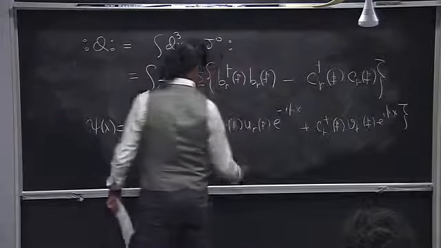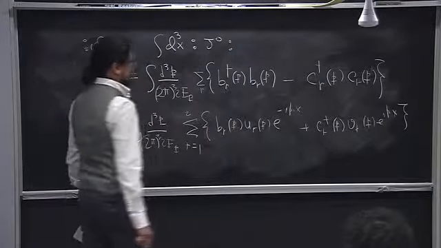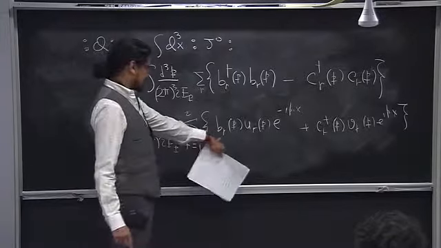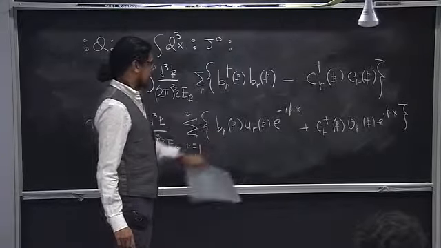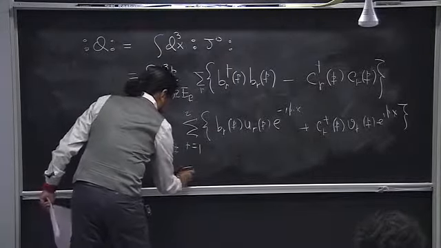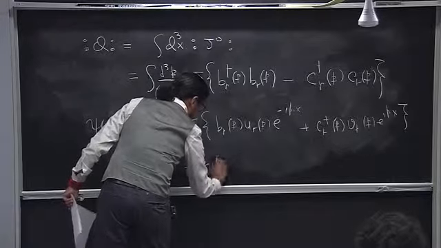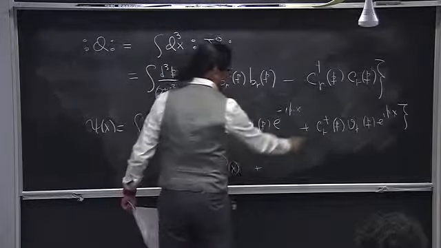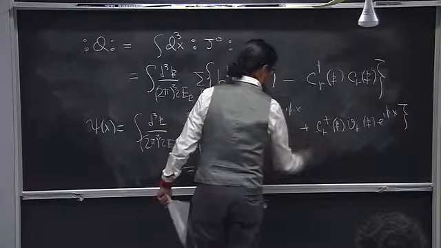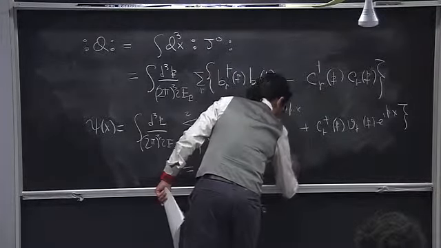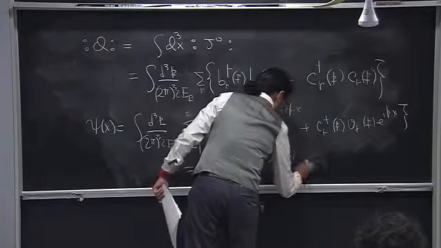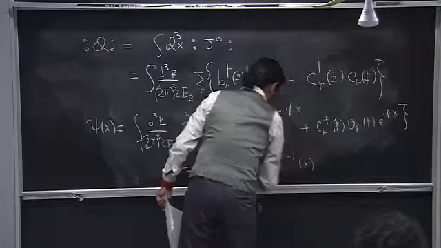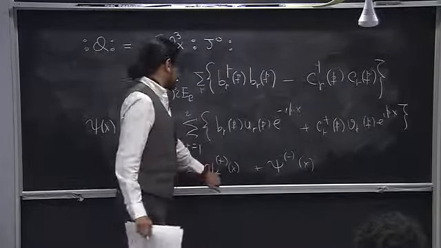And sometimes the part of psi that contains the annihilation operator, we call it psi plus, and the part that contains the creation operator, we call psi minus. So this contains the annihilation operator for particles.